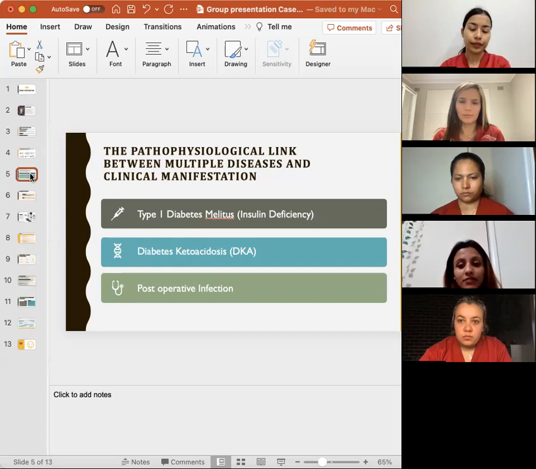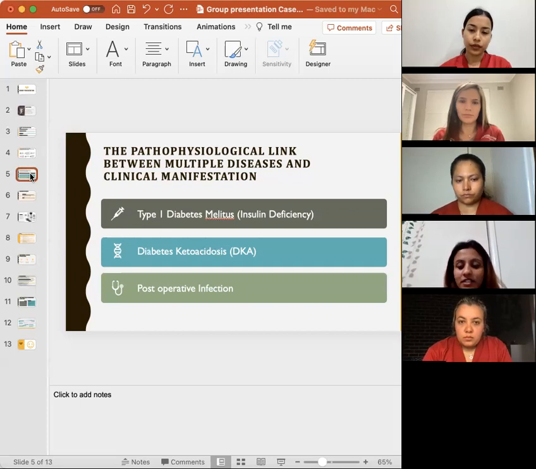Additionally, her C-reactive protein is 25 mg per liter, which is a sign of inflammation. The normal is less than 0.5 mg per liter. If it is elevated more than 10 mg per liter, then it is an indication of acute bacterial infection.